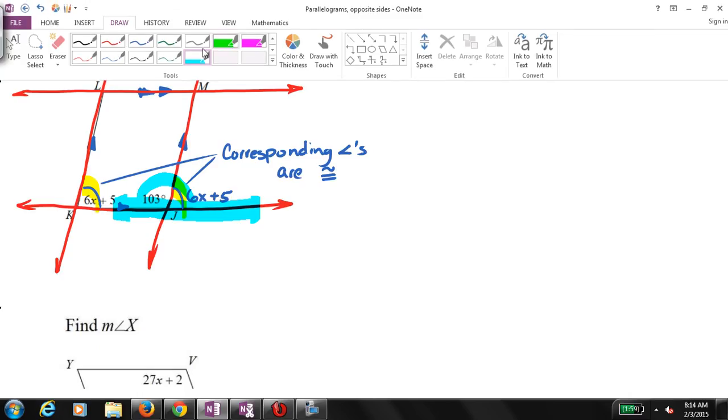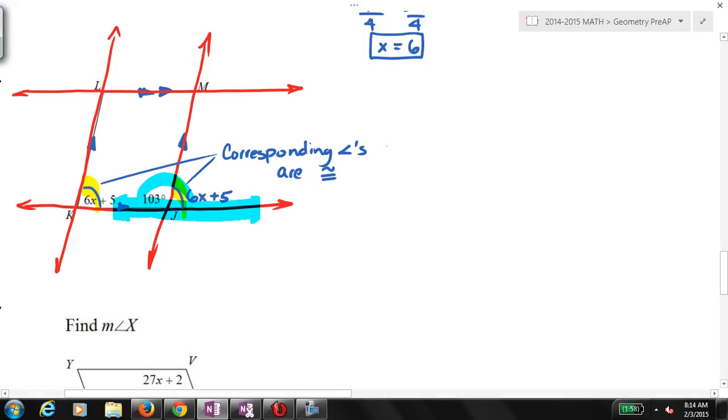And a straight line I know is 180 degrees. So from here, I know that 6x plus 5, if I add the 103, it should give me 180 degrees. And then just solve this equation.